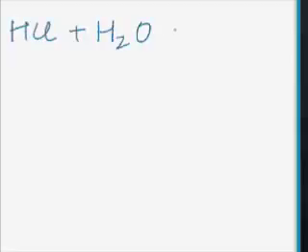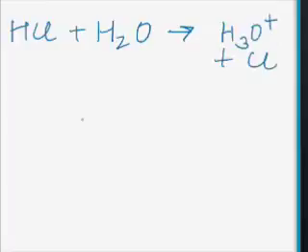Let's take HCl as an example. When it reacts with H2O, it will produce H3O+ and Cl-. So it is producing one hydronium ion, therefore it is called monobasic acid.